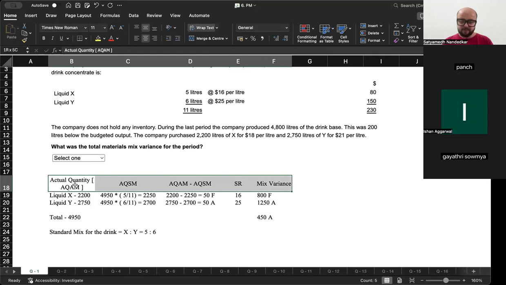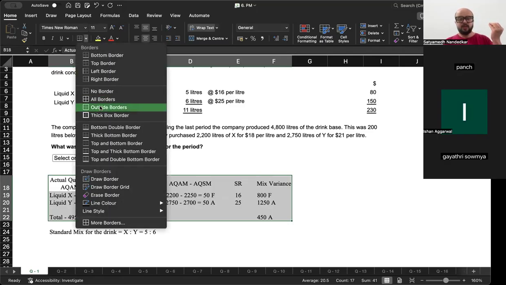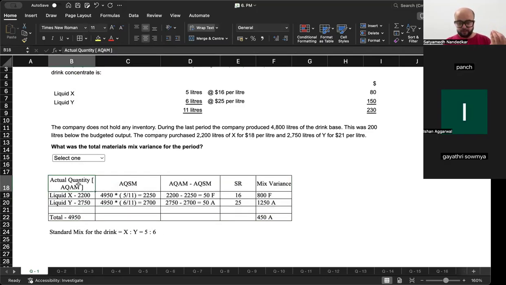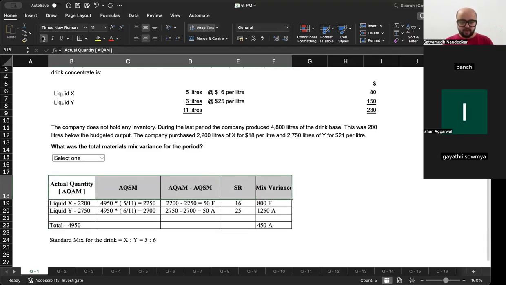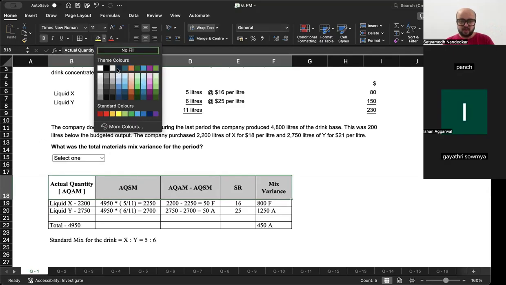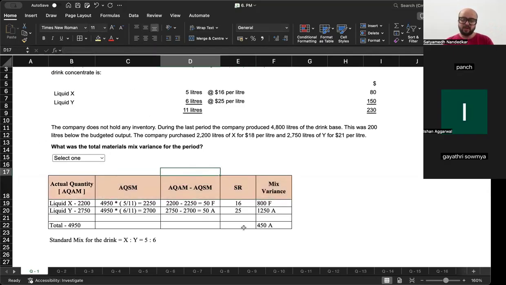So the trick is remembering the formula and then applying it to your calculations in such a way so that the logic does not go out of the window. Whether you do AQAM minus AQSM, or actual quantity standard mix minus actual quantity actual mix, do whatever suits you. But your answer doesn't change the nature of variance, because the nature of variance does not depend upon the sign.